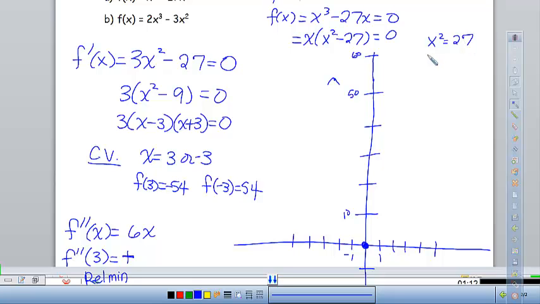And so x is going to equal what? Plus or minus the square root of 27. Okay, so that's where we're going to cross the x-axis. Okay, we're going to have a point at, or 2 points, at plus or minus root 27, 0. Okay, square root of 27 is about how much?